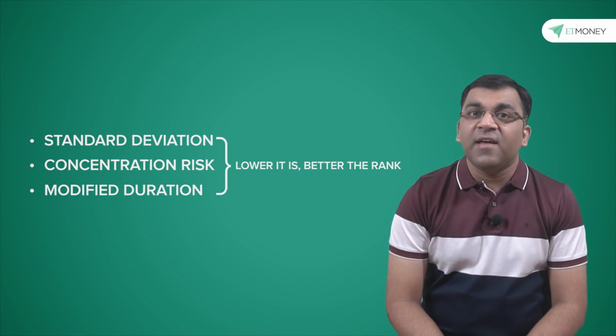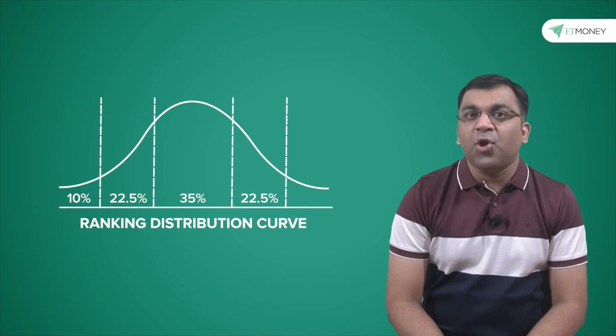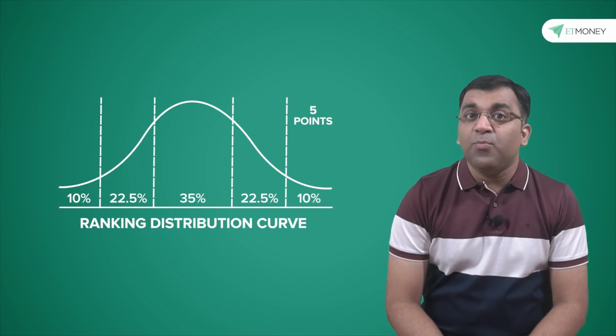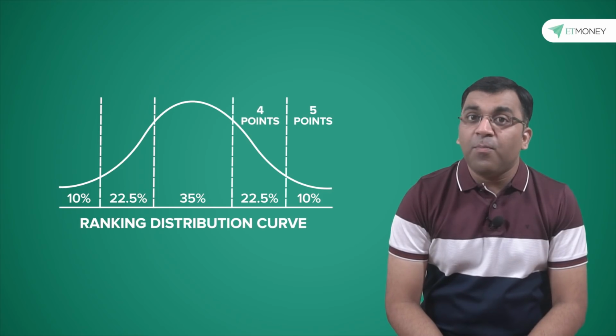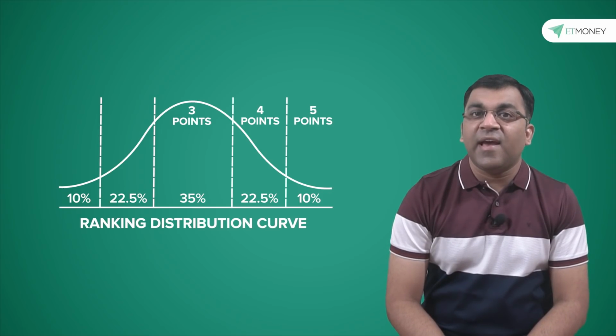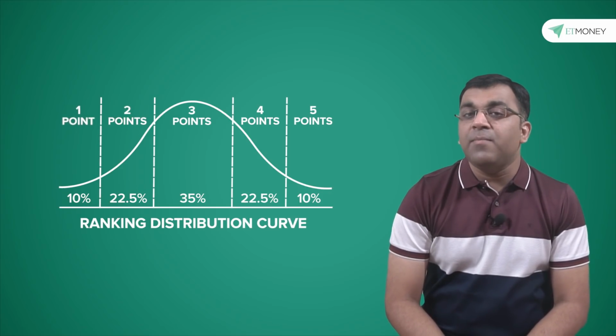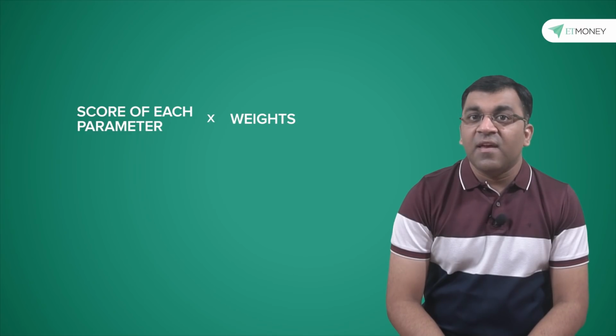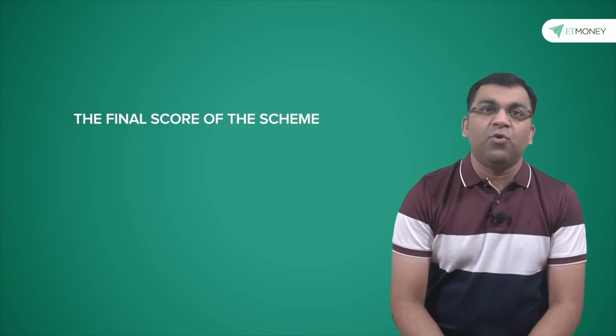This ranking is done over a distribution curve with the top 10 percentile of schemes getting 5 points, the next 22.5 percentile getting 4 points, the next 35% with 3 points, and the bottom 22.5 and 10 percentile receiving 2 and 1 points respectively. Once each parameter is scored, these are then multiplied against the weights, which then gives us the final score per scheme.